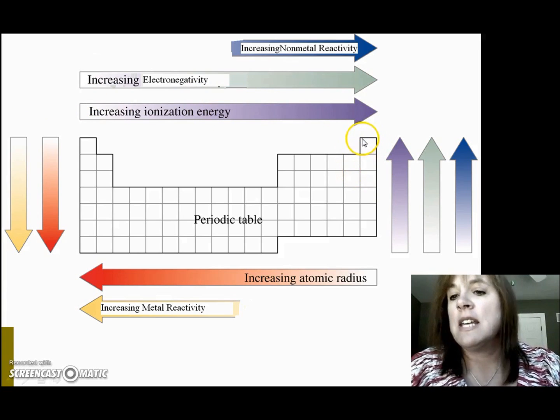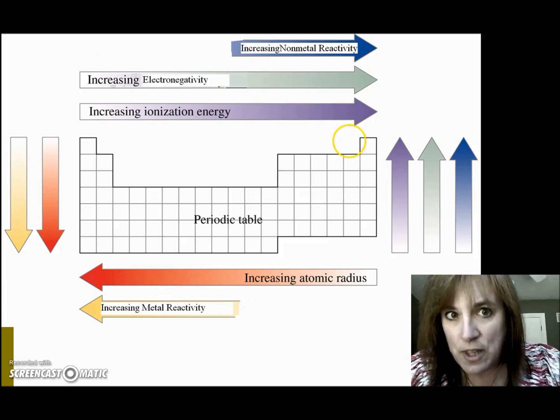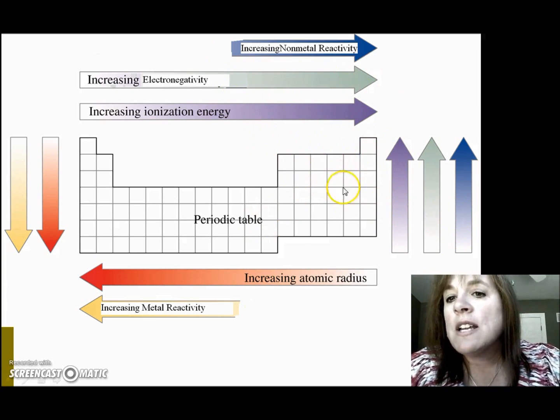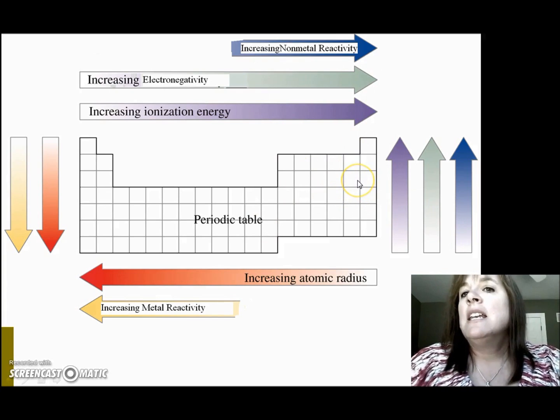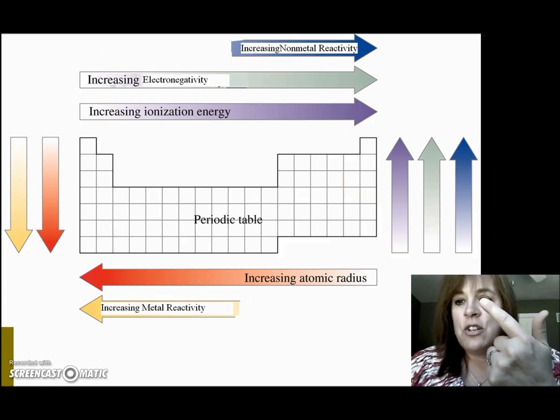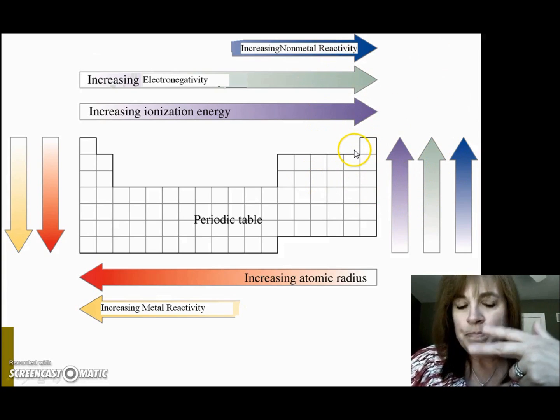So these things, it takes more energy to pull an electron out. They're much more attractive to electrons, except column 8 for electronegativity. And also this corner is the highest in nonmetal reactivity. So ionization energy, electronegativity, and nonmetal reactivity are in this top right corner.